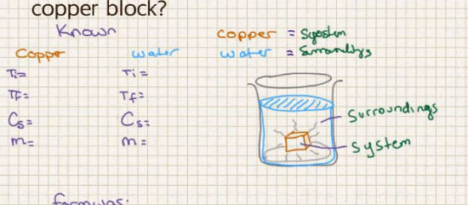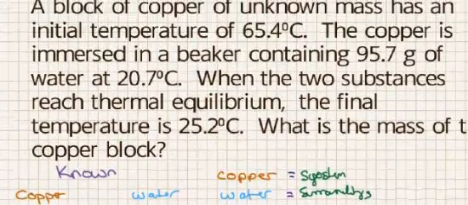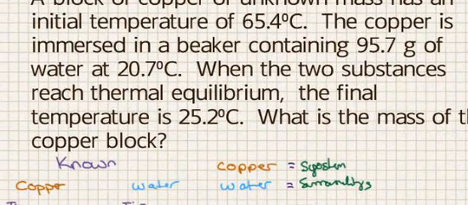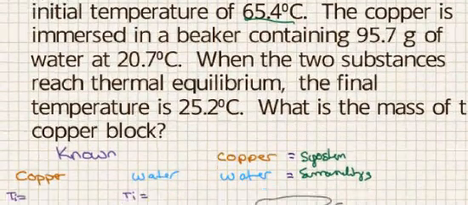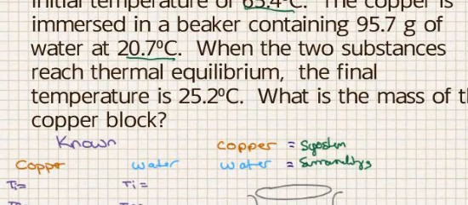Okay, so we're going to write down everything that we know, all of our given quantities. So our initial temperature of copper is 65.4 degrees Celsius, and our initial temperature of water is 20.7 degrees Celsius.